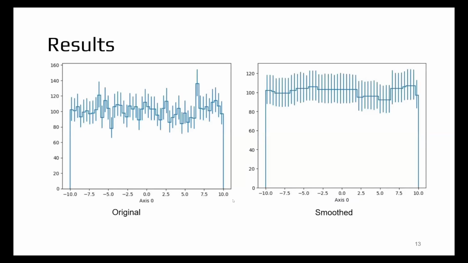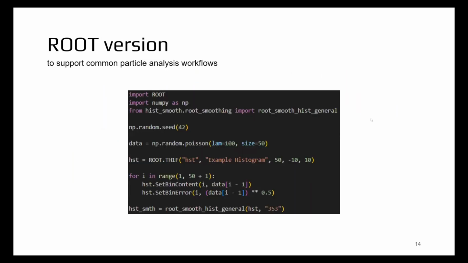Here are the results. On the left is the unsmoothed histogram, and on the right the smoothed histogram. Here is an example for the ROOT version. It's pretty much the same.